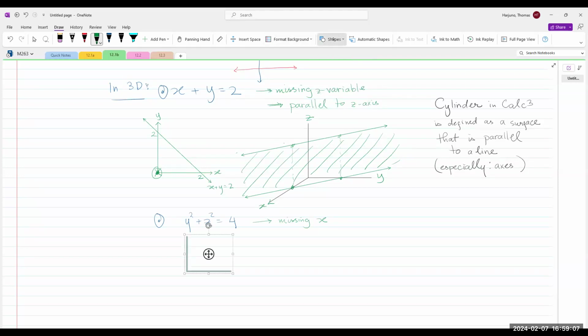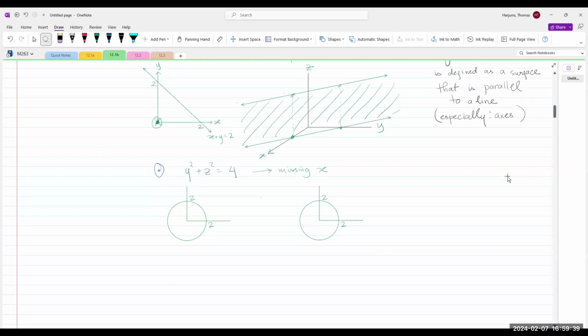This is actually a circle with radius 2. Okay, now you extend that, you copy paste that in 3 dimensions along the x-axis because it's missing x, right? So the way I do it, I will extend it in this way. I don't like this way of looking.